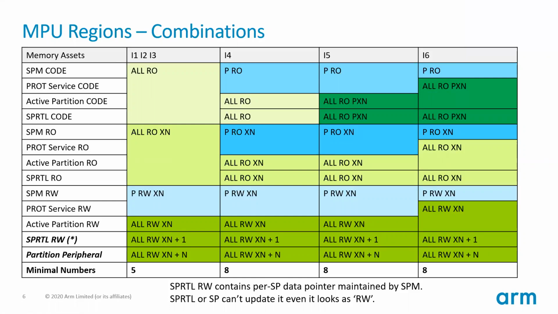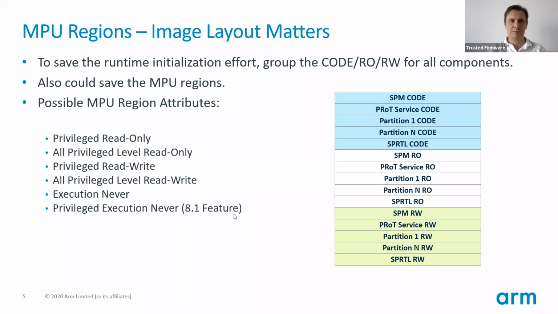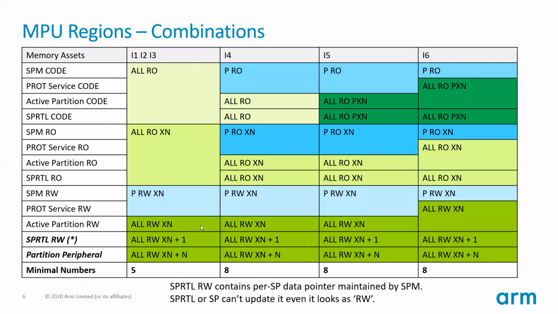Ken, did you consider dynamic switching of the MPU regions on the fly? And if we have more regions than the minimum, do you plan to utilize them somehow for static mapping? Okay, that's not showing in this table.